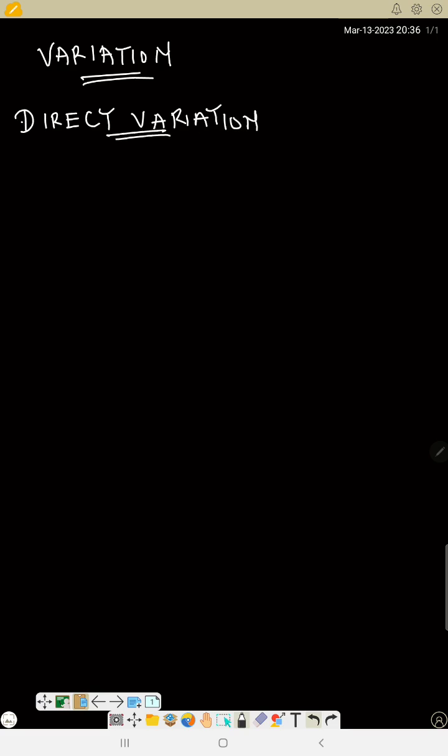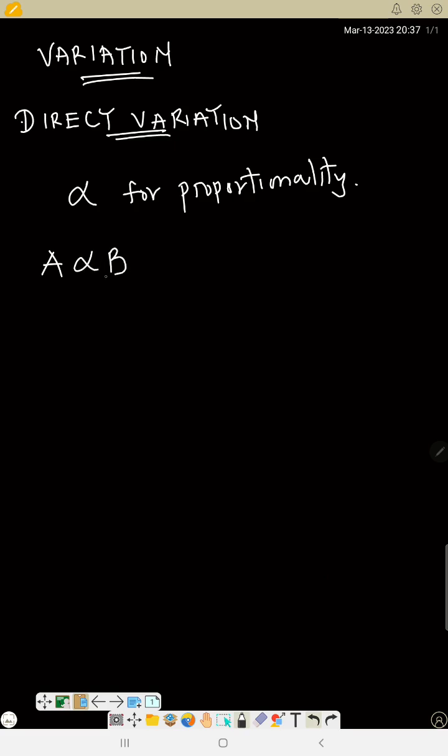Note that in direct variation we use this symbol for proportionality. If I say A is proportional to B, the symbol looks like this. To remove this symbol you have to change it to equal to and represent it with a constant.